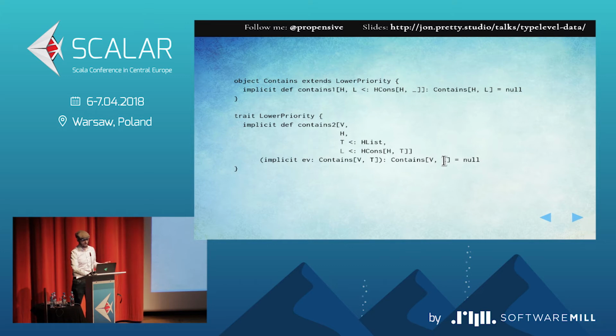So we're looking for L containing V, but only if that implicit can find another implicit. So we failed to match the head, so this implicit will provide the right evidence if the tail contains that value. So this is recursion. This is doing the recursive step. It's failed to find the head, so it looks at the tail. It uses these type parameters here to deconstruct the L into an HCons of H and T. T is the tail, and we go off and recurse on implicit search to hopefully find that Contains.